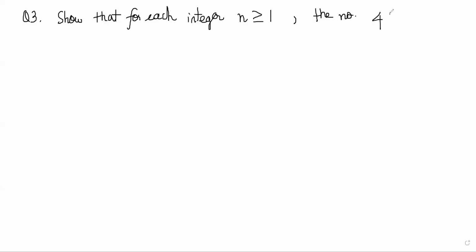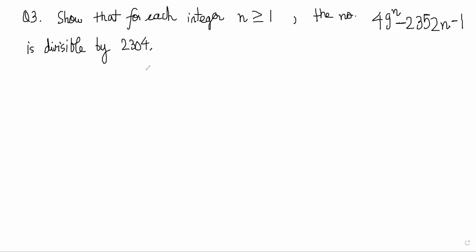Here we have to show that for each integer n greater than or equal to 1, the number 49 power n minus 2352 times n minus 1 is divisible by 2304.